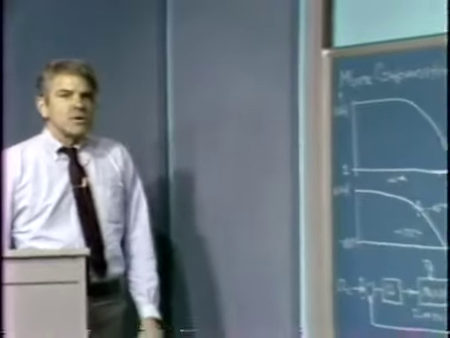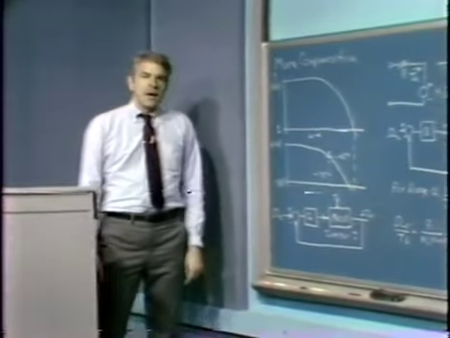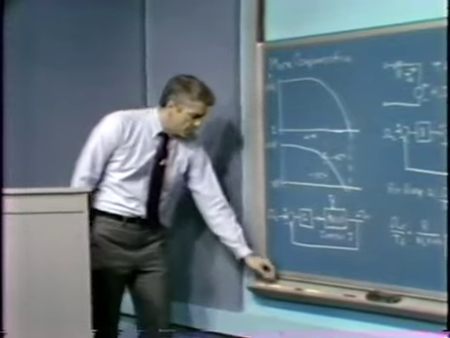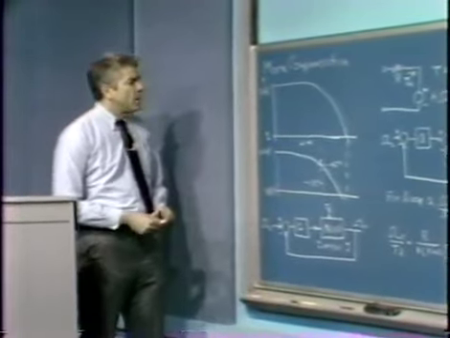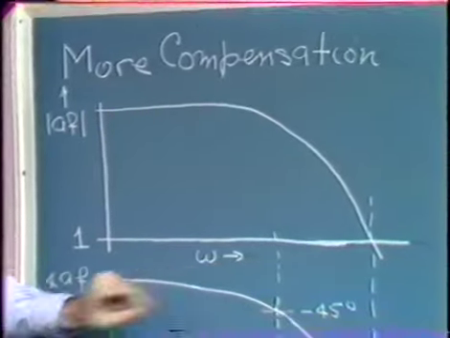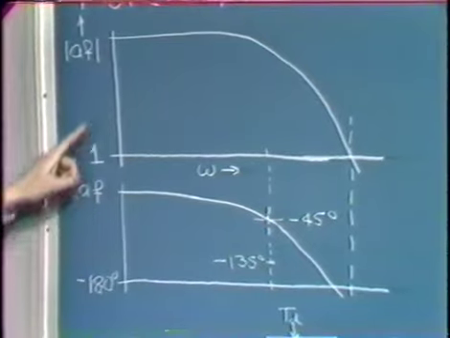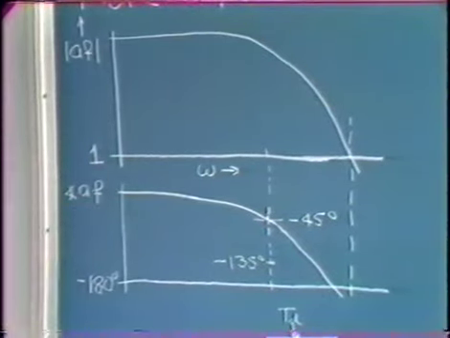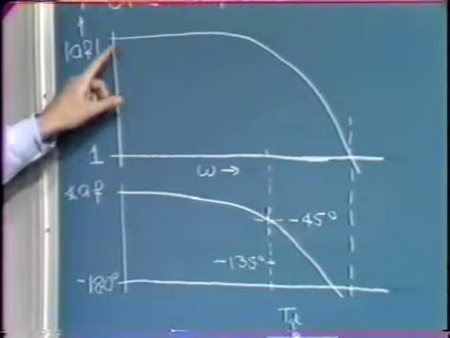The simplest thing that we can do is to add a dominant pole to the system. Suppose we start with a system that has a Bode plot as shown. Here's the AF product as a function of frequency, the magnitude, and the angle in our usual Bode plot coordinates. And as I've drawn things, the system's actually unstable.